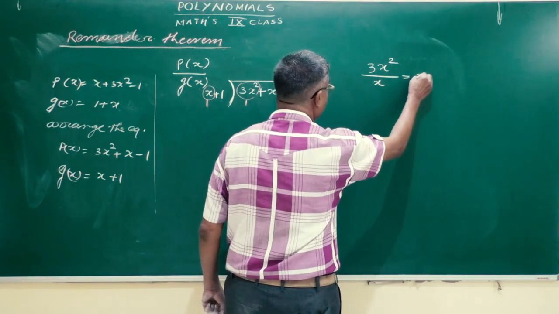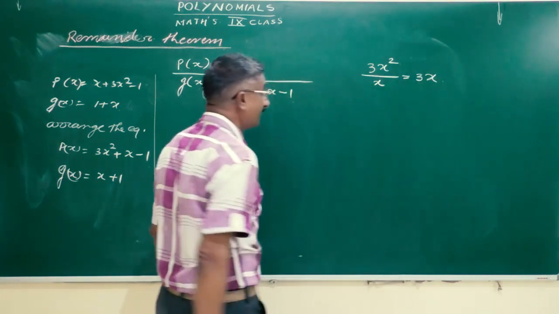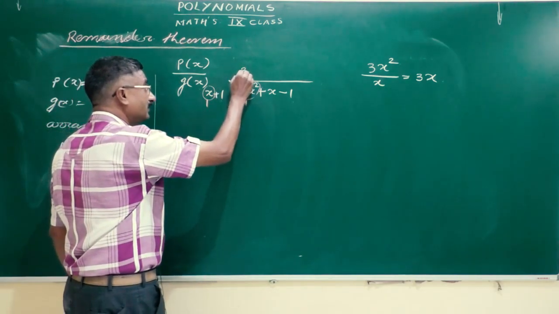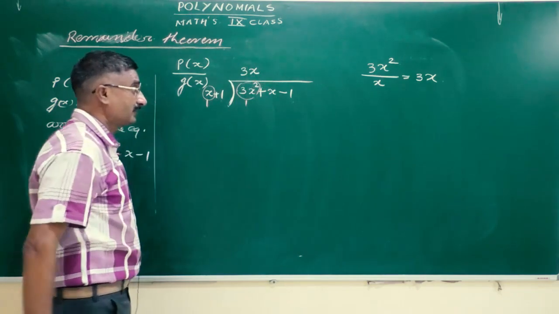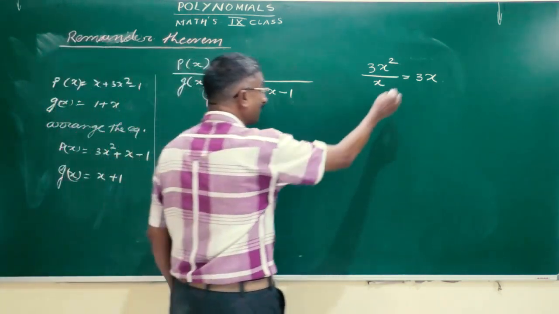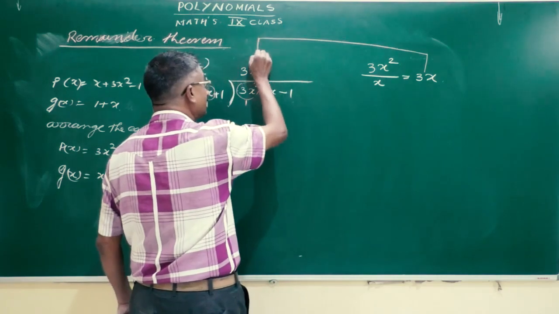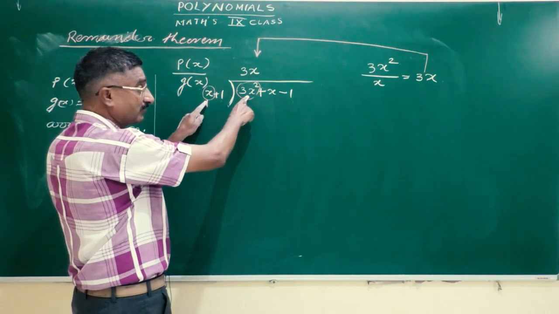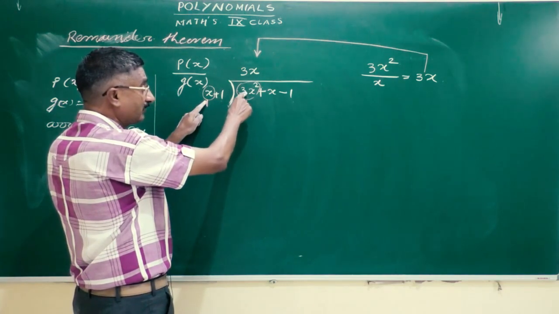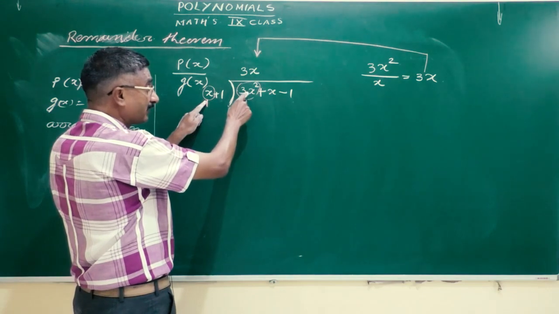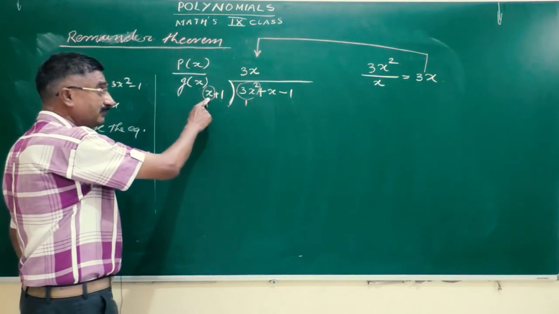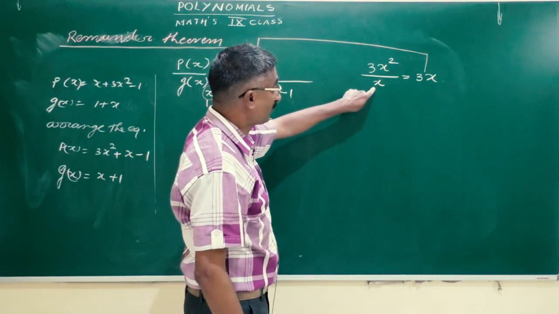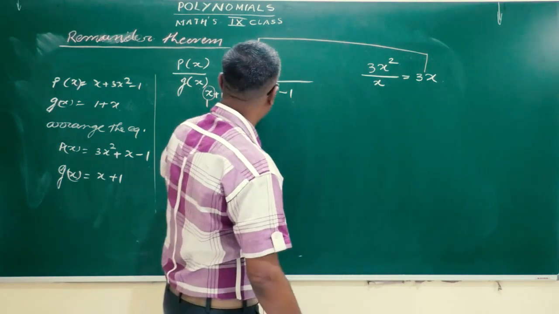So this is equal to 3x. I will write 3x here. This is the basic thing you have to understand. I am taking 3x square, the first term, the highest power, of the polynomial that is to be divided, and dividing it by the first term of the divisor. So 3x square upon x is equal to 3x. So I am writing 3x here.